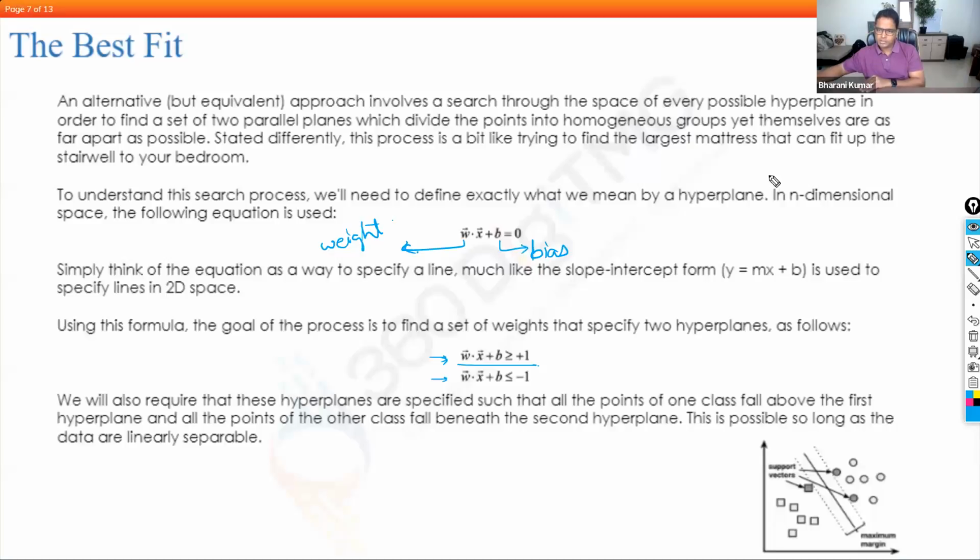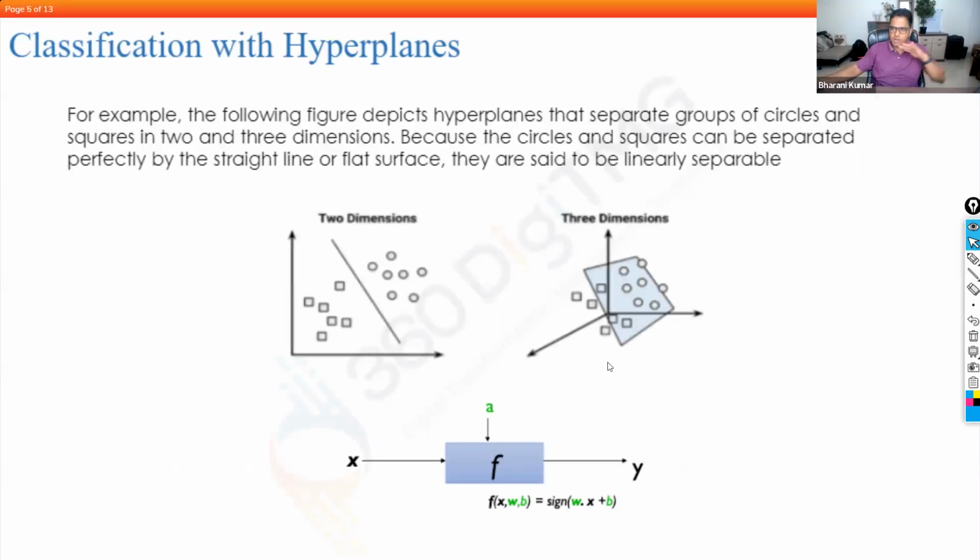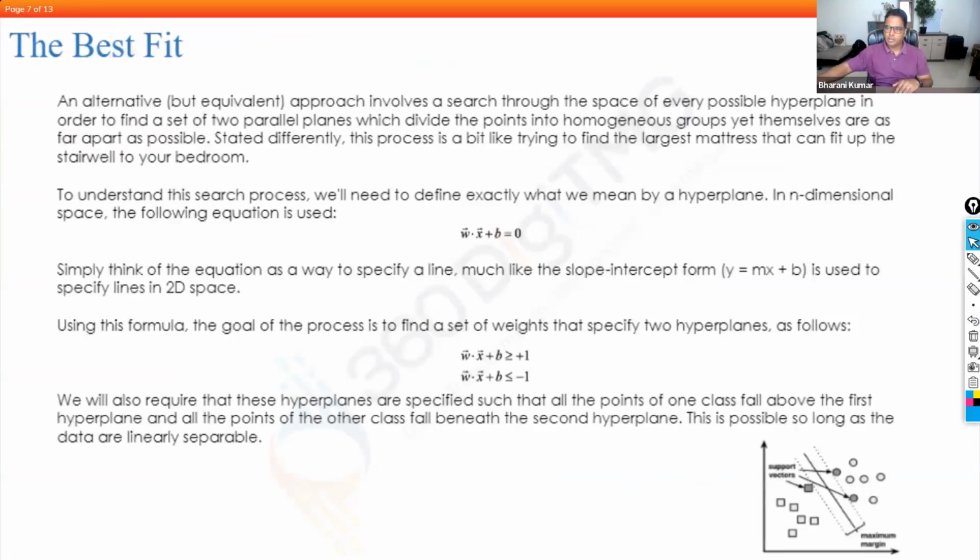But if you have more than one dimension, then remember I told there'll be this kind of a glass, but when you observe this glass from one side, it will appear as if it's a line. It would still appear as if it is a line. So this is nothing but a hyperplane also.